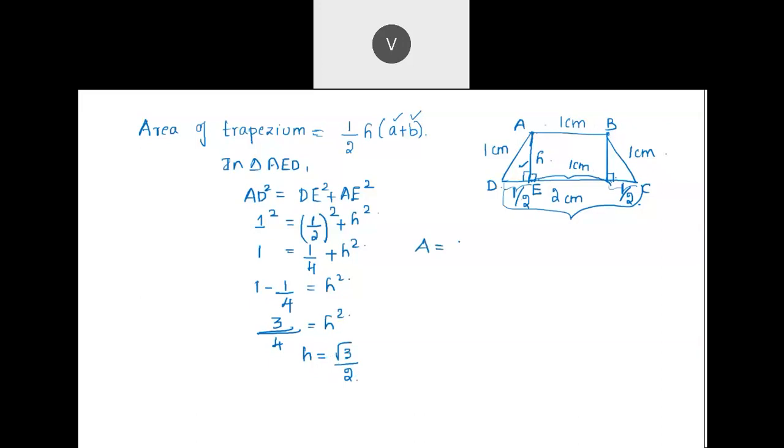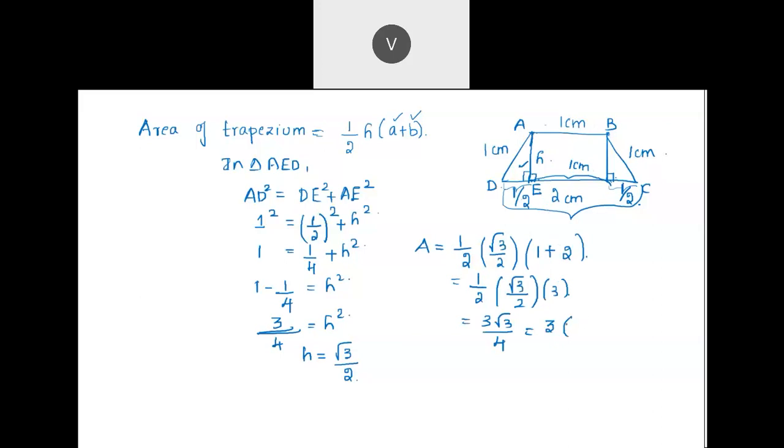Now we can find the area. Area is equal to half into H value, root 3 by 2, into A value, 1 centimeter, and B value, 2 centimeter. So half into root 3 by 2 into 1 plus 2 is 3. So 3 root 3 by 4. What is the root 3 value? 1.732.